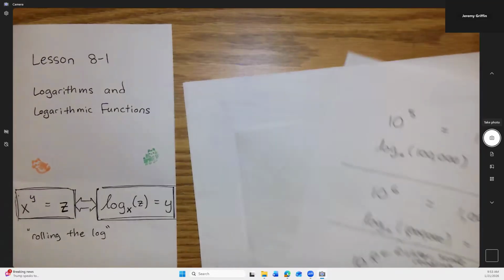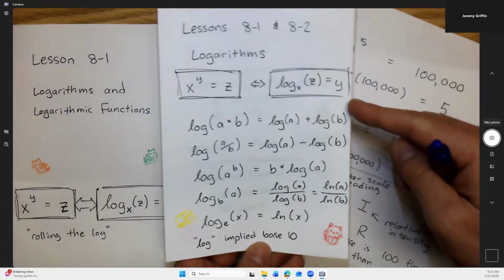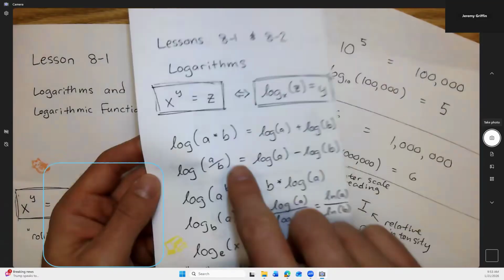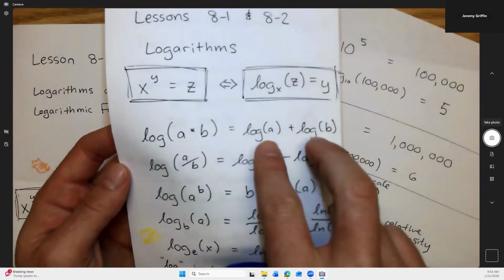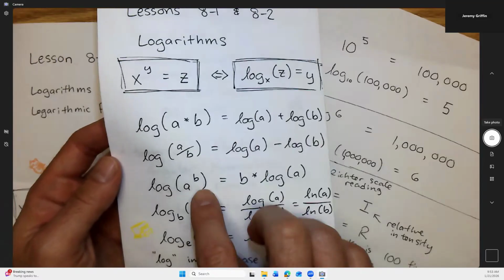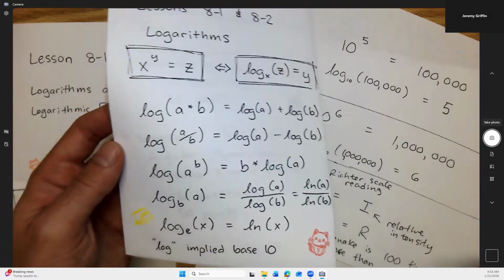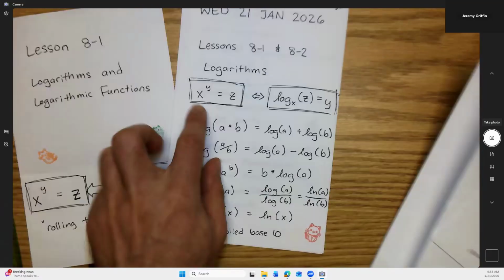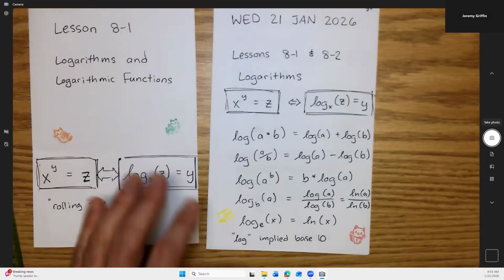I've got this whole page of rules. Again, if we're multiplying two numbers and you put it in log form, you can actually add two different logarithms. Division turns into subtraction. A power turns into multiplication. And there's also a way to convert bases. I'll show you examples of all of those, and then I think you'll be able to answer any question on Alex or in your book.